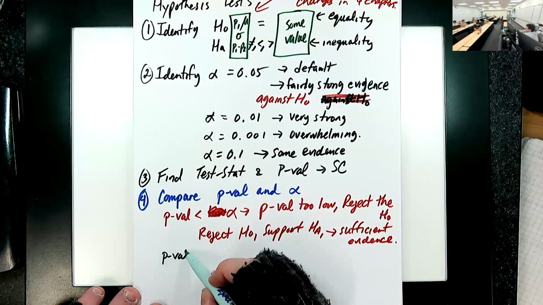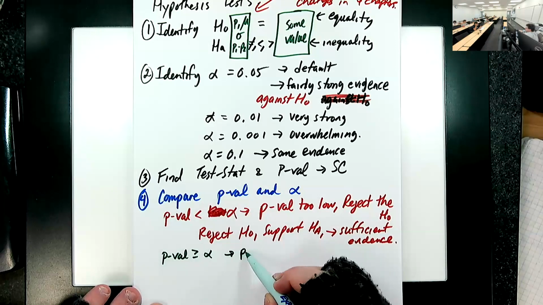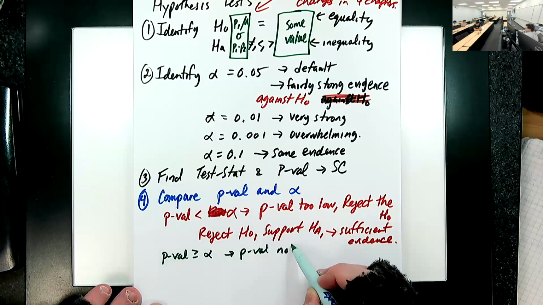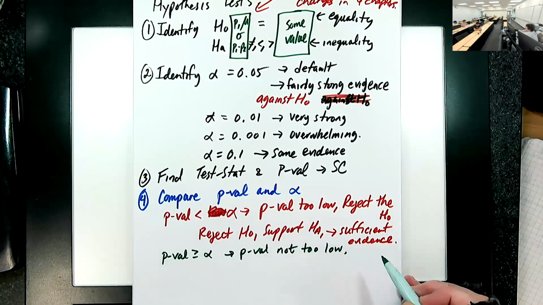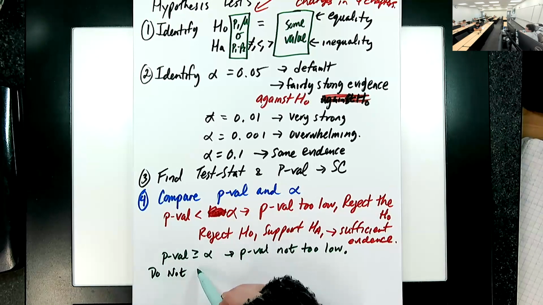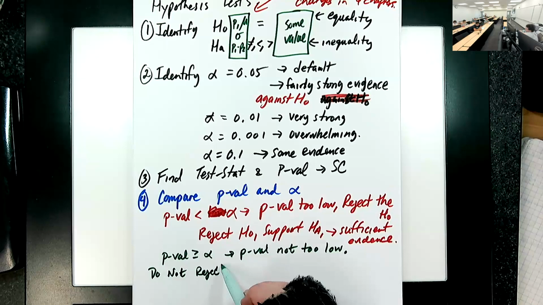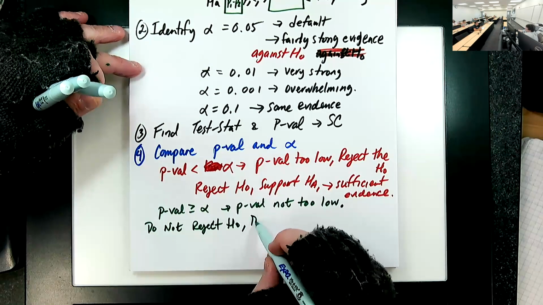If the p-value is greater than alpha, the p-value is not too low. This is better than what I said yesterday. Not too low, so do not reject H naught. Do not support HA.